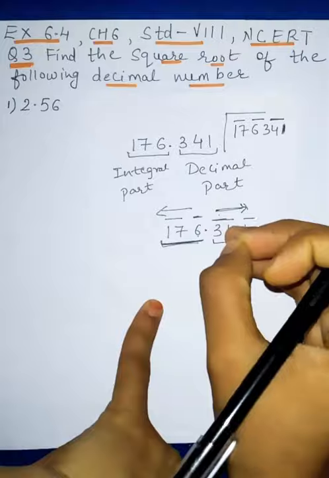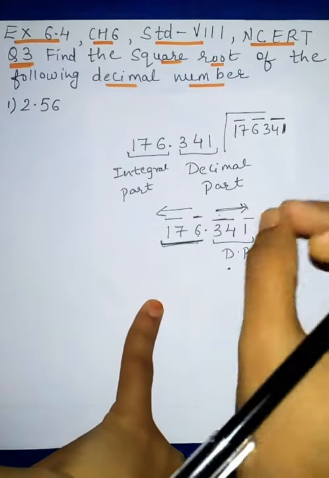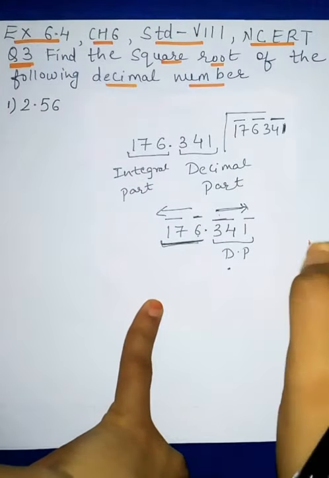Now we will start our sums, so it will be clearer how to draw the bar, and then the division process is the same.